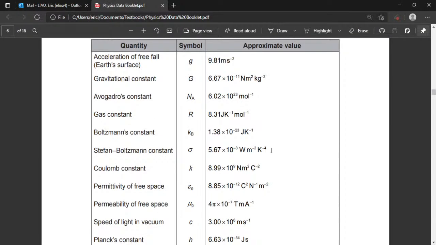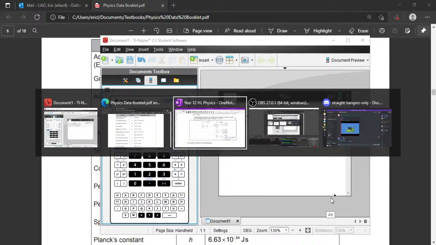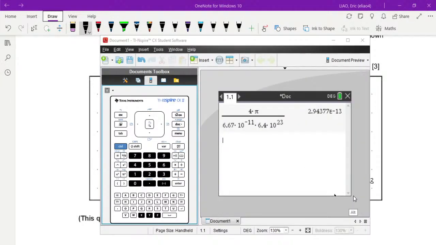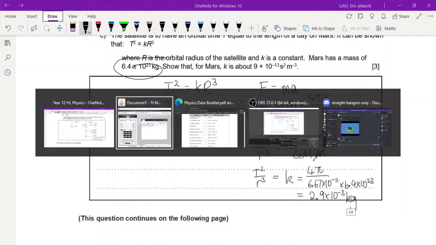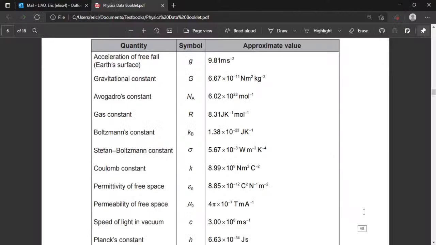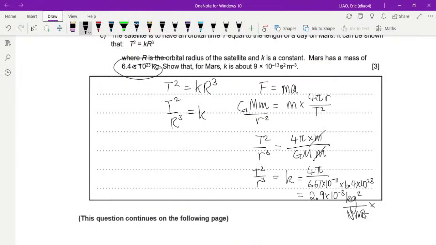G is newtons per meter kilogram. Yep, so there's units just in case.